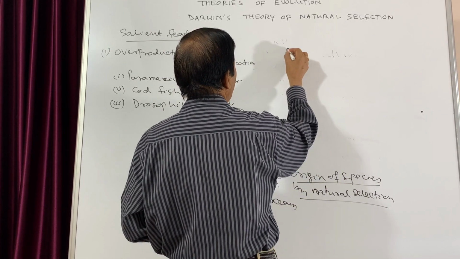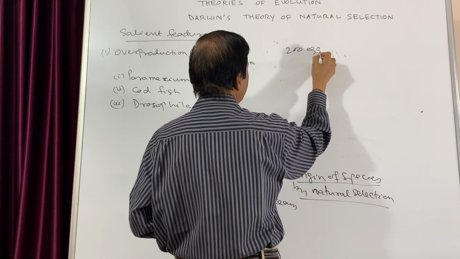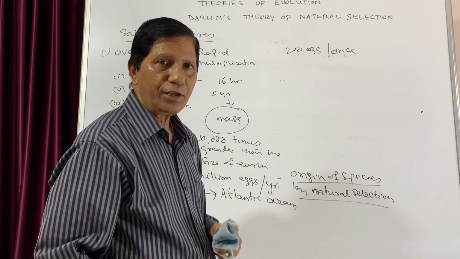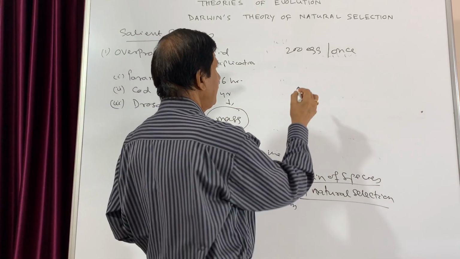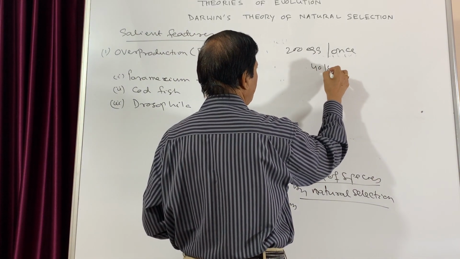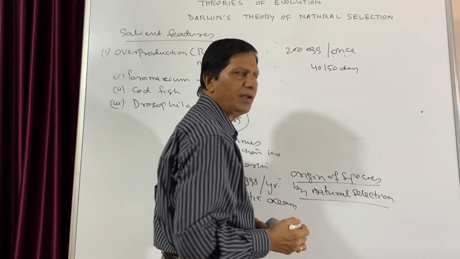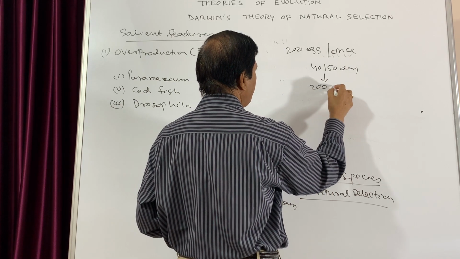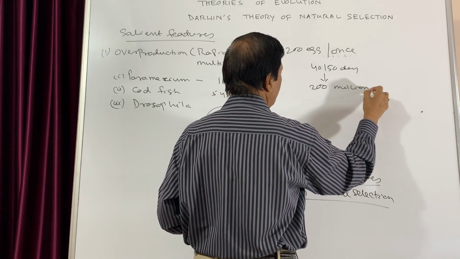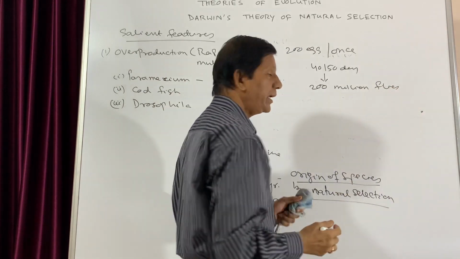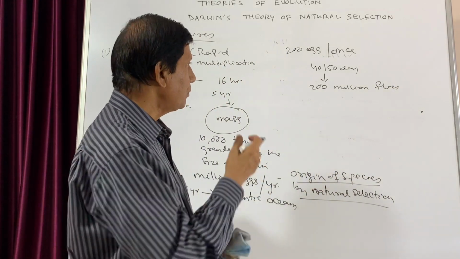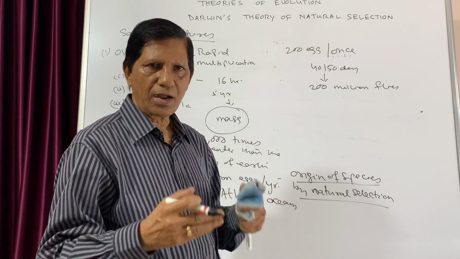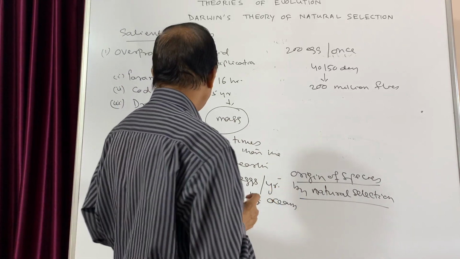Now, if it goes on reproducing for 40 to 50 days, then it will give rise to 200 million flies. Only in 40 to 50 days, 200 million flies. So you can see how it is overproducing.